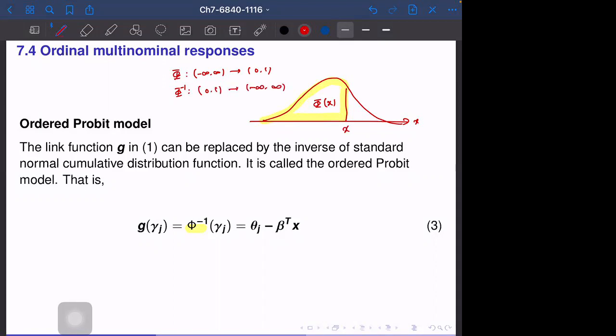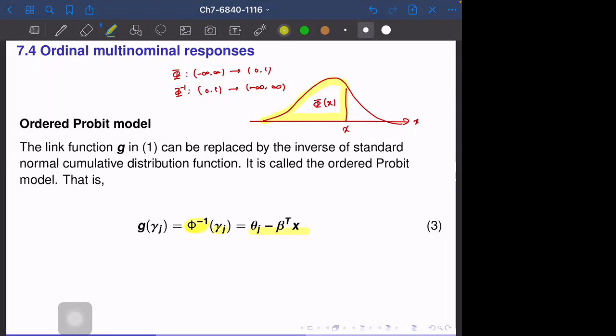That means we map gamma j to the entire set of real numbers. So theta j minus beta transpose x, the same as in the proportional odds model, the right-hand side can range from negative infinity to positive infinity. So phi inverse is a link function that works well.